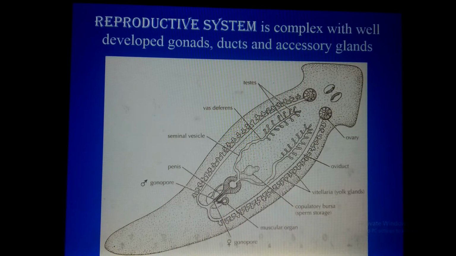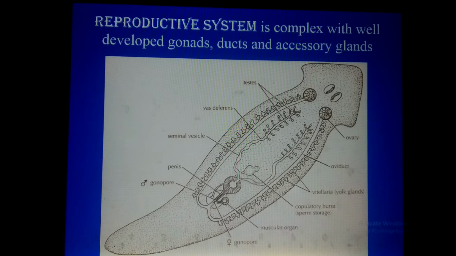Now, the reproductive system. They have a well developed reproductive system now. As in porifera, you can see just cells, and in cnidarians, just cells performing the reproduction. But in these organisms, there is a little bit of development of the gonads, ducts, and accessory glands.